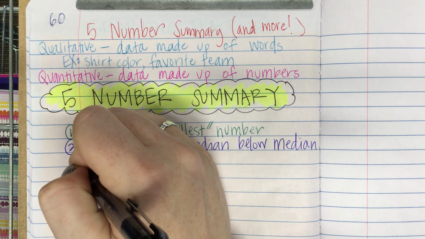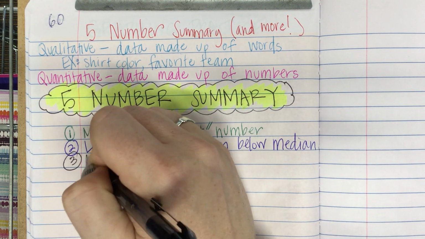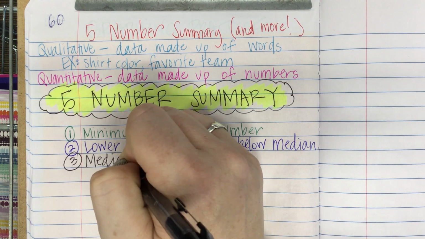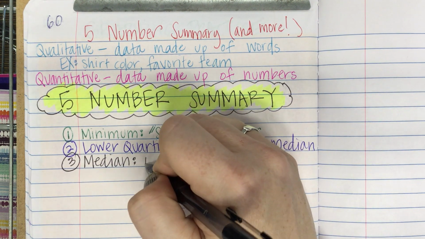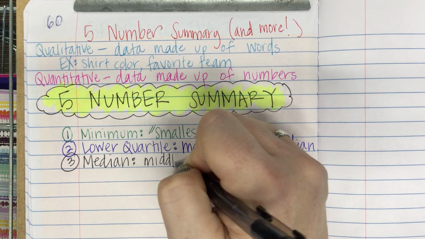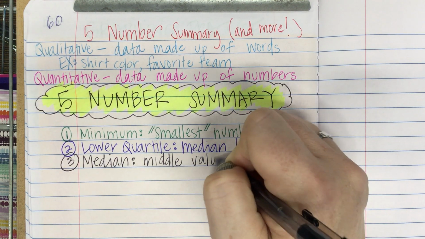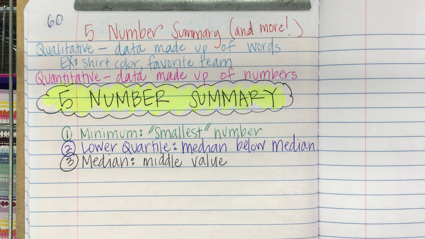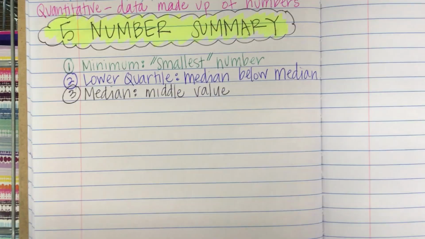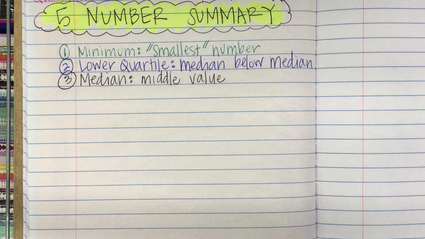Number 3 is the median. And the median is the middle value. So the minimum is the smallest, the least valuable number.